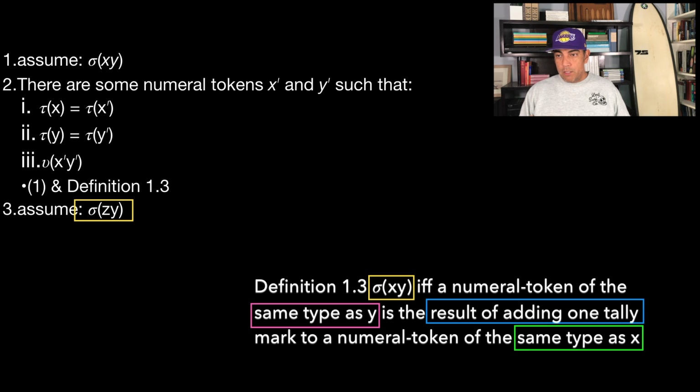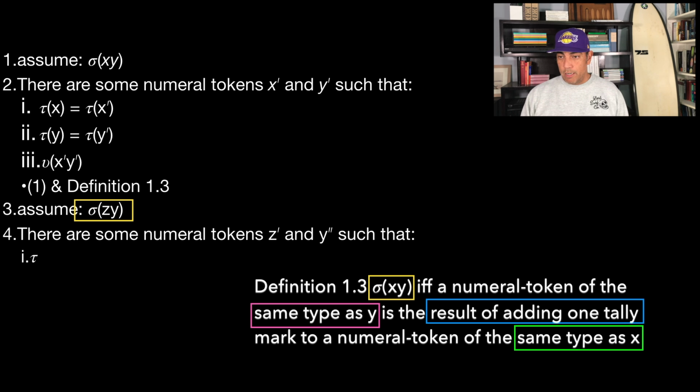So the sigma zy, obviously y fills the same slot in both cases, but z is in that x slot, right? So try to keep this straight. I know it's really hard to keep it straight, but if you need to pause the video and line them up so that you know which one is going where, that would be very helpful. Then feel free to do so.